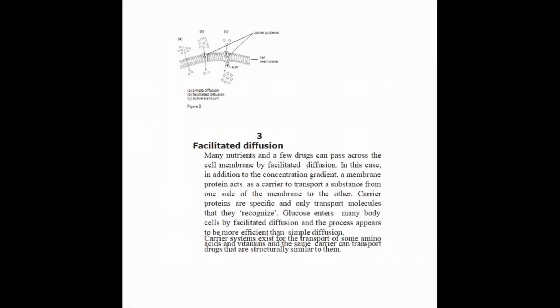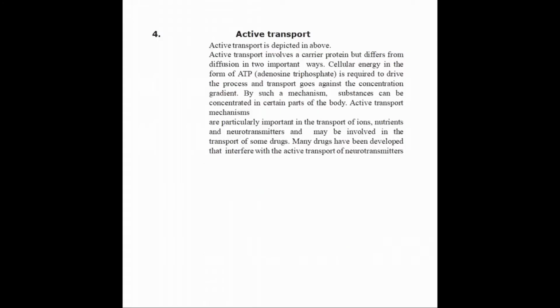But when we have active transport, then there is need for an enzyme. There is need for cellular energy in the form of ATP, adenosine triphosphate. So ATP is required to drive the process and transport that product against the concentration gradient.